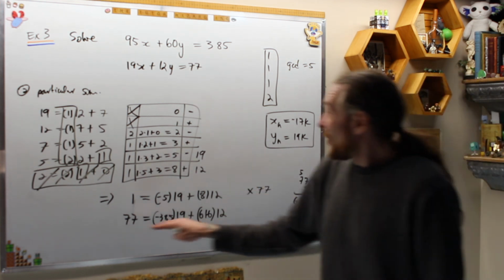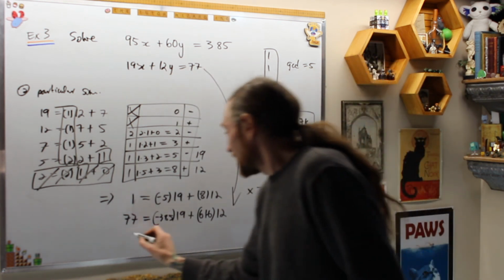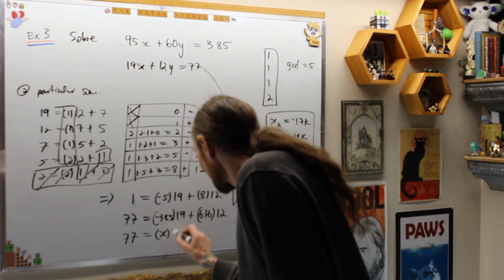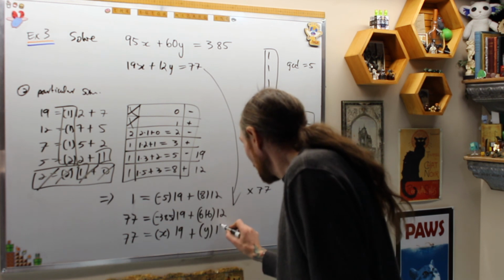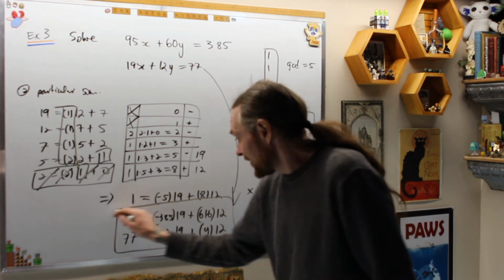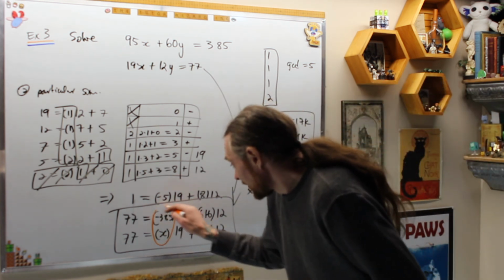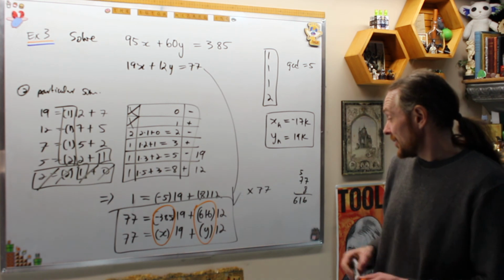Now what does that say? Why is that good for us? Rewrite this equation down here now. I was looking for 77 to equal x times 19 plus some number y times 12. I'm trying to match these things, so make everything line up. What that says is the particular solution is this guy and this guy. So now I have a particular solution.